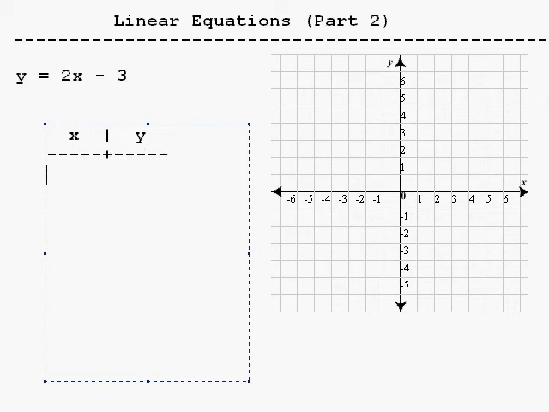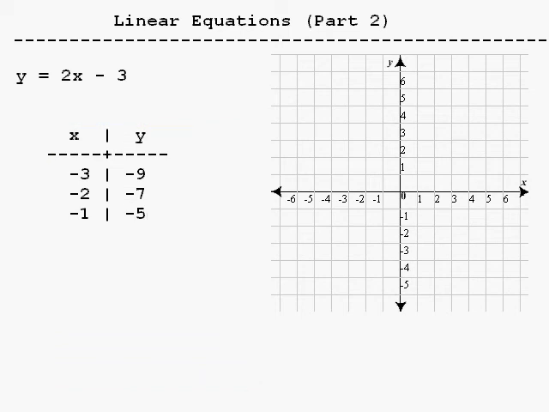Our first value we're going to choose, we'll just say negative 3. 2 times negative 3 is negative 6. Minus 3 is minus 9. So that's going to be off of our graph. Let's try negative 2. 2 times negative 2 is negative 4. Minus 3 is negative 7. We'll look at negative 1. 2 times negative 1 is negative 2. Minus 3 is negative 5. And we're just going to stop there.